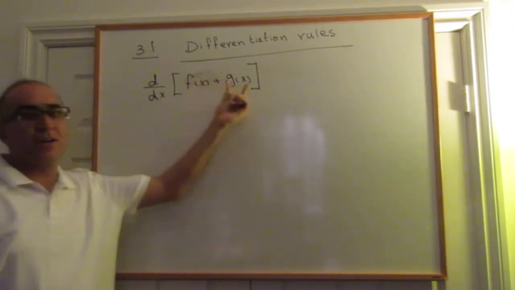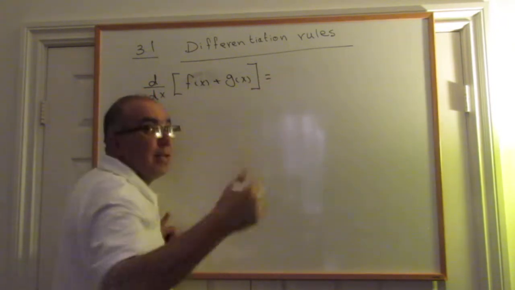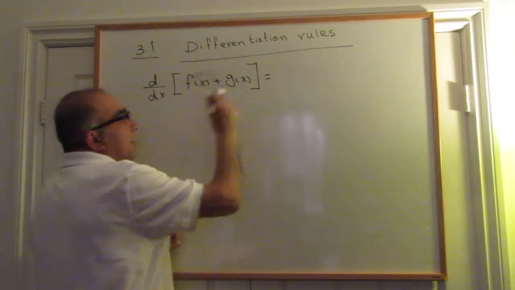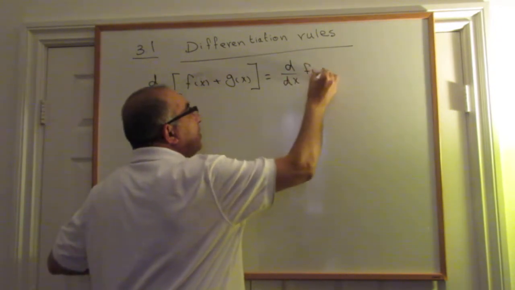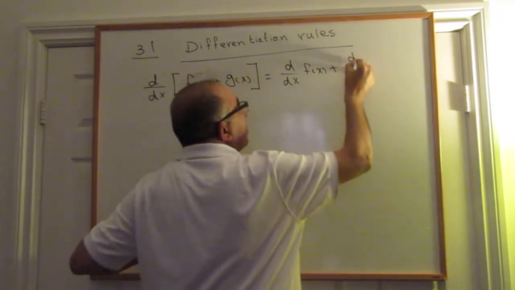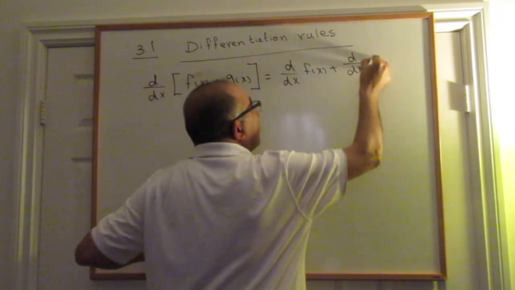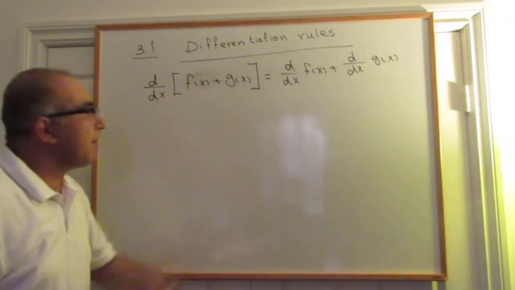If you have two functions, in this case, you can write like limits d dx of f of x plus d dx of g of x. Same way for subtraction.